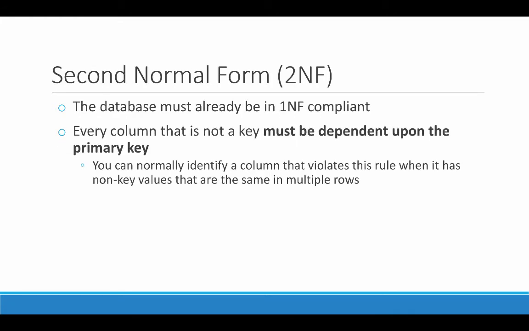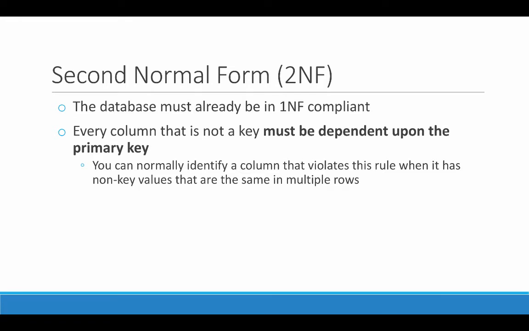Then, after that, this is where that quote that I shared with you is: every column that is not a key must be dependent upon the primary key. If it's dependent on anything else, it needs to be removed and put in a different table. I found this as a really good hint: you can normally identify a column that violates this rule when it has non-key values that are the same in multiple rows.